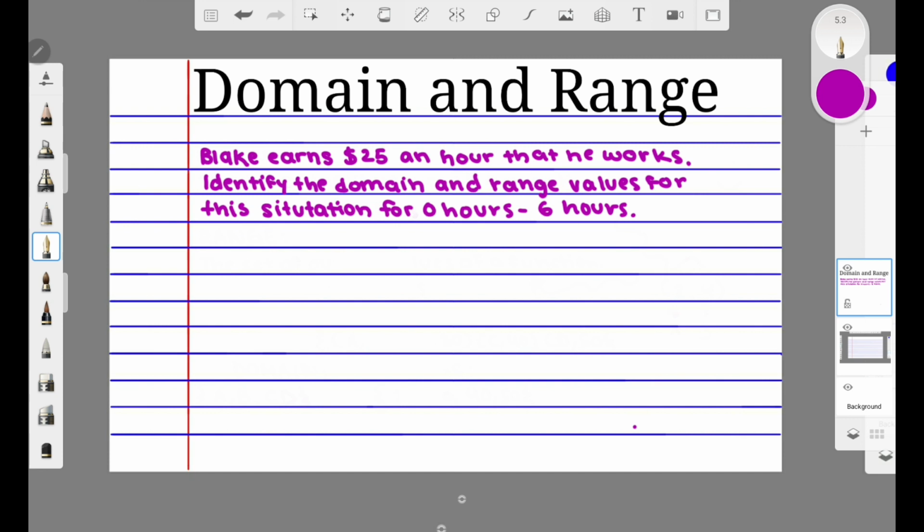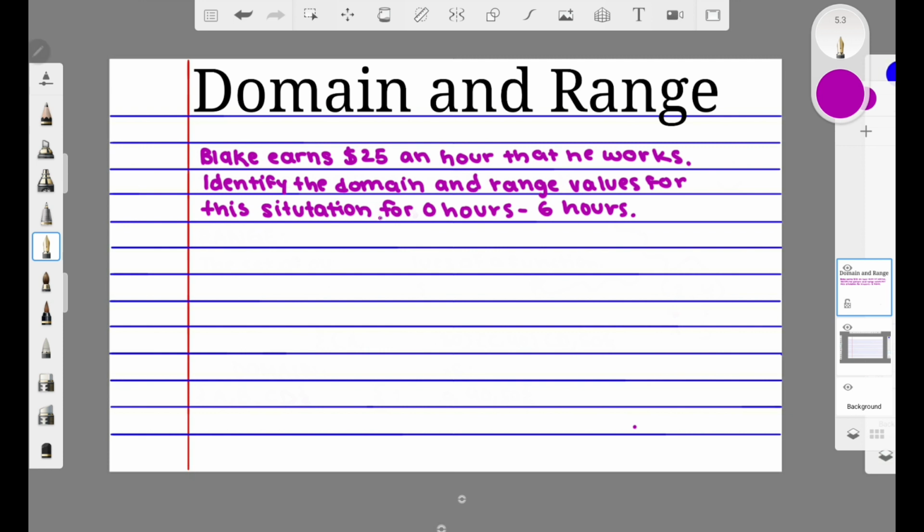We can also do the same thing and identify the domain and range with a situation given. So this is our function situation. Blake earns $25 an hour that he works. So we want to identify the domain and range values for the situation from 0 hours to 6 hours.